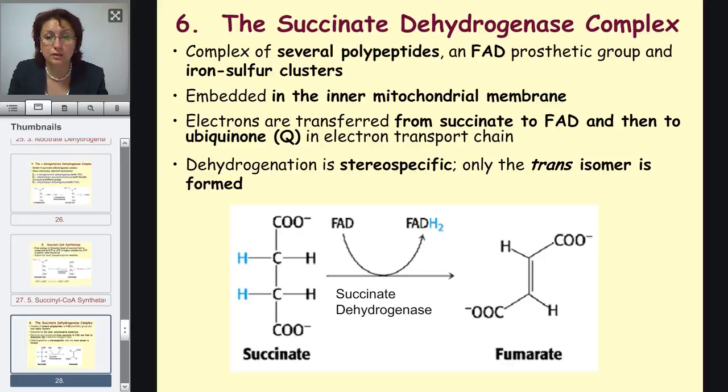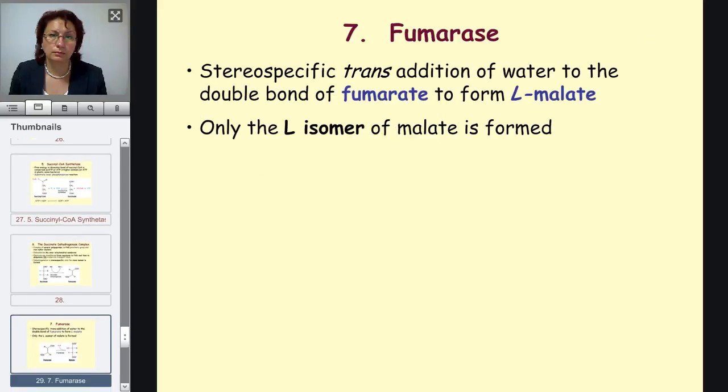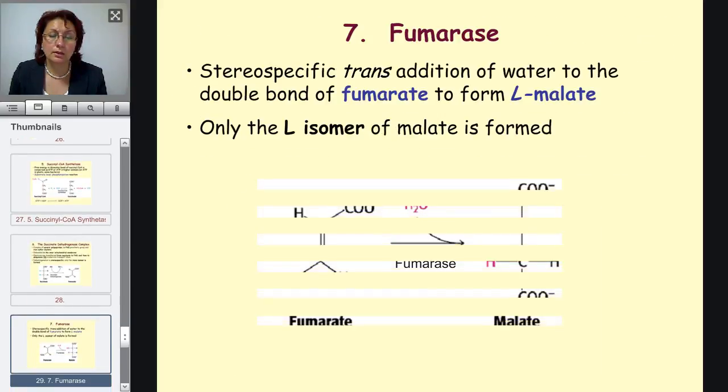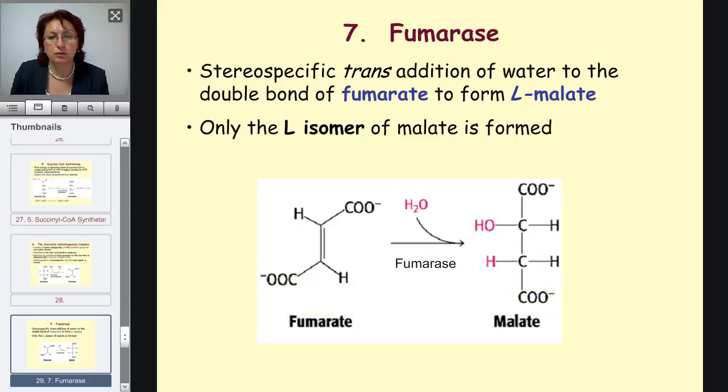Electrons are transferred from succinate to FAD and then to ubiquinone in the electron transport chain. From this reaction fumarate is formed. The next reaction is the fumarase reaction: stereospecific trans-addition of water to the double bond of fumarate to form L-malate. Only the L-isomer of malate is formed.